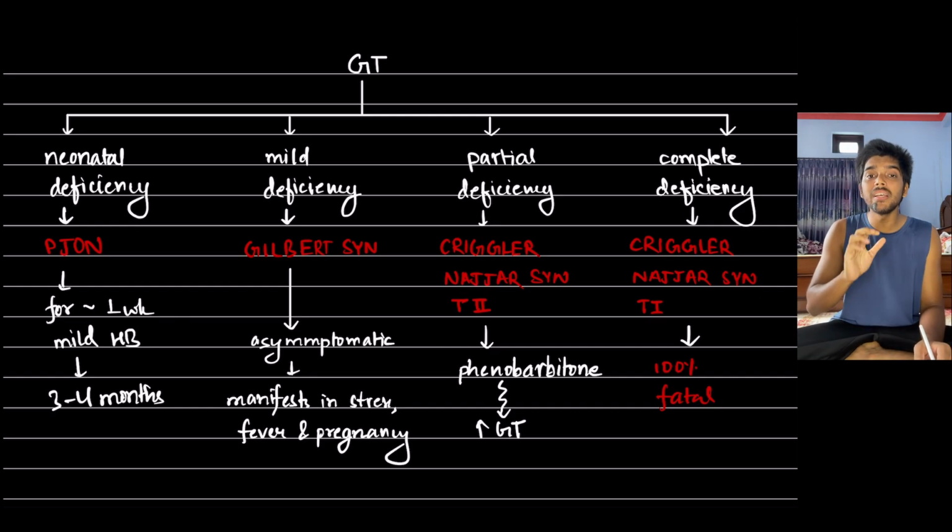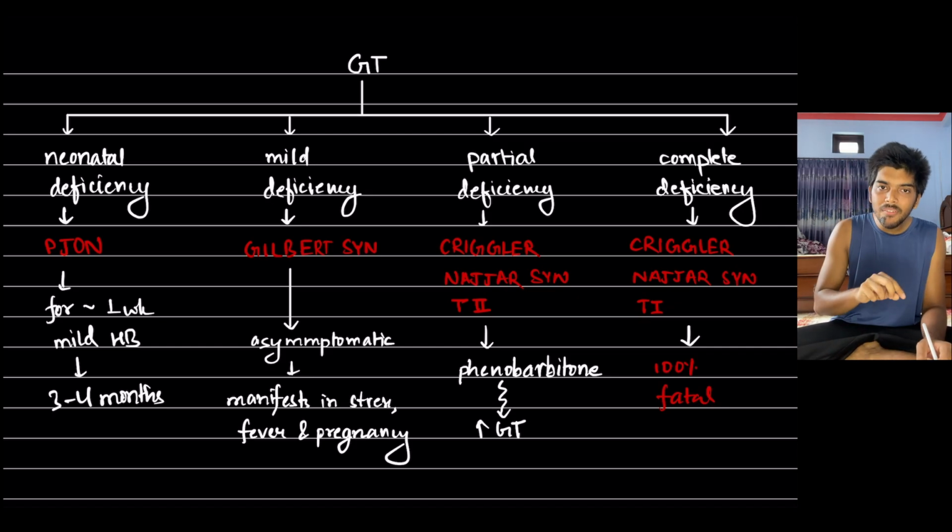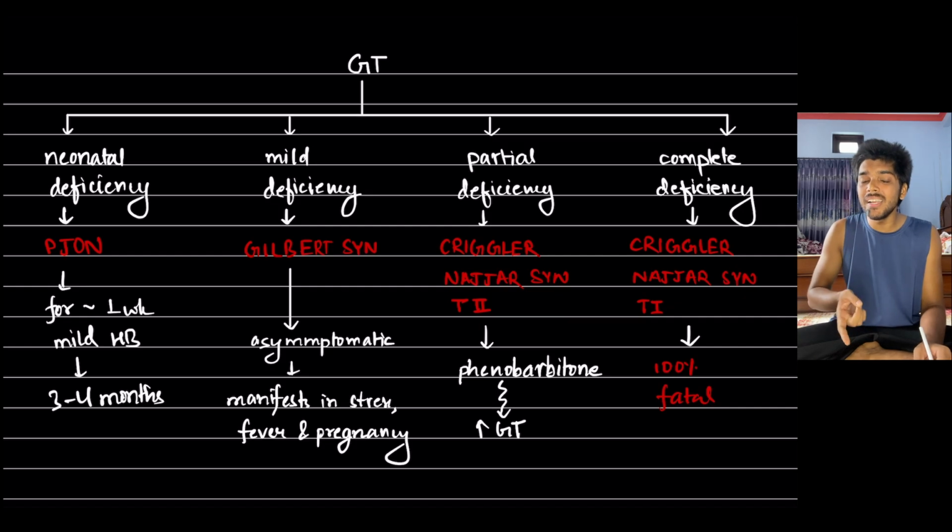In Gilbert syndrome, there is mild deficiency of GT. In Crigler-Najjar syndrome type 1, there is partial deficiency of GT. And in Crigler-Najjar syndrome type 2, there is complete deficiency of GT. In Gilbert syndrome, due to mild deficiency, it is asymptomatic, but symptoms are manifested during special conditions like stress, fever, and pregnancy.